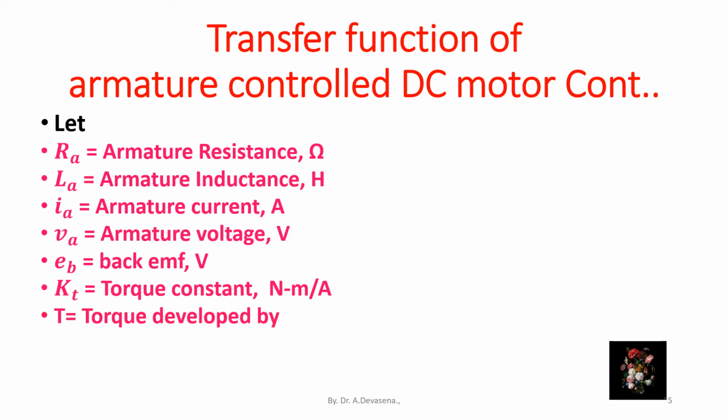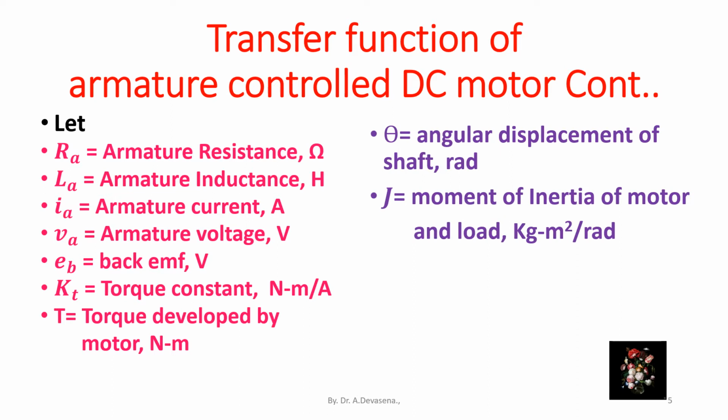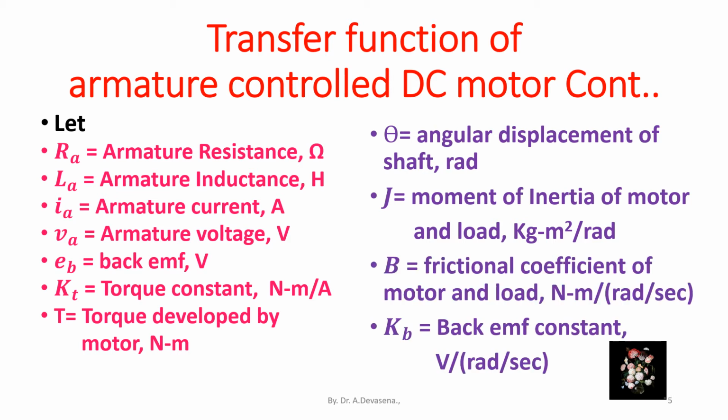The torque T developed by the motor is in newton meter. Theta is the angular displacement of the shaft, its unit is radian. J is the moment of inertia of the motor under load, its unit is kg meter square per radian. B is the frictional coefficient of the motor under load, its unit is newton meter per radian per second, and K_B is the back EMF constant in volts per radian per second.